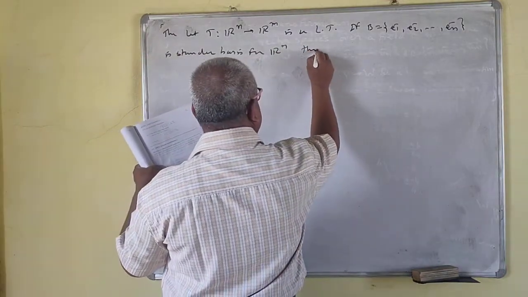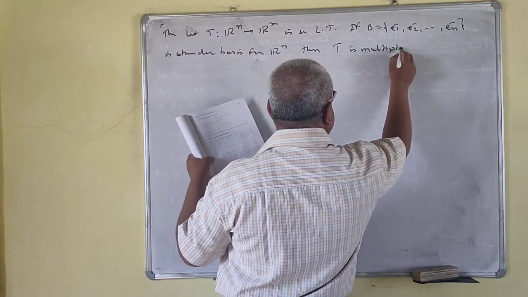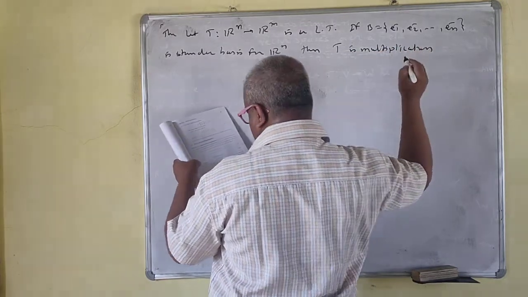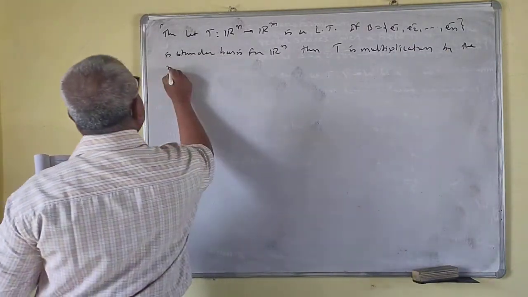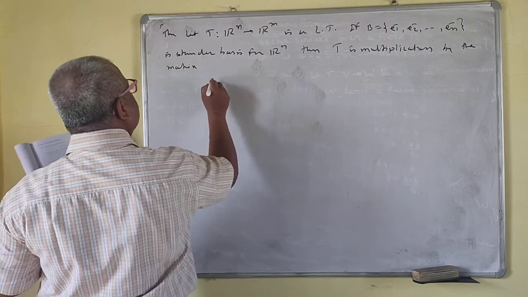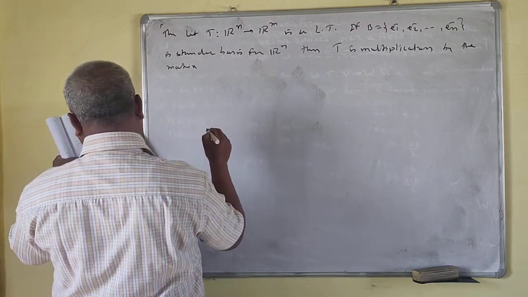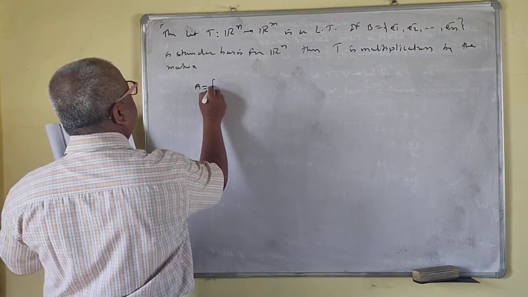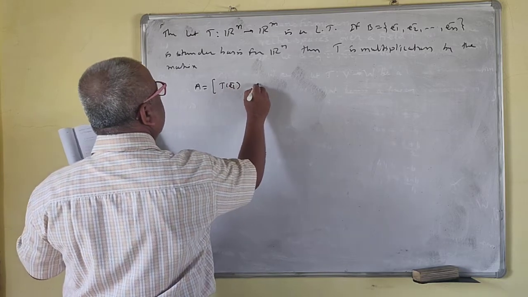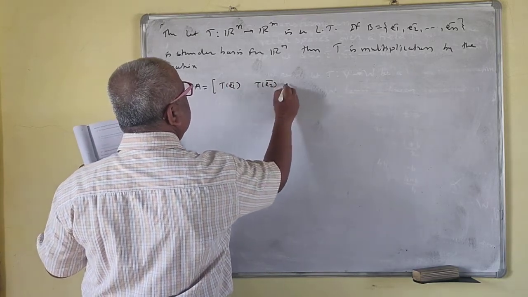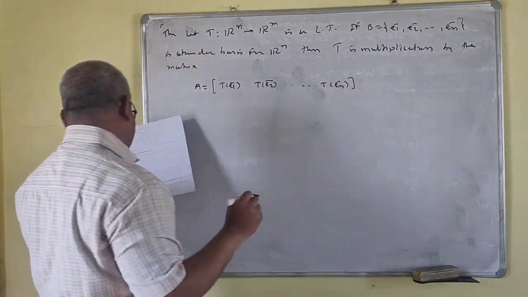Then T is multiplication by the matrix A, which is equal to the matrix with columns T of e1 bar, T of e2 bar, dot dot dot, T of en bar.